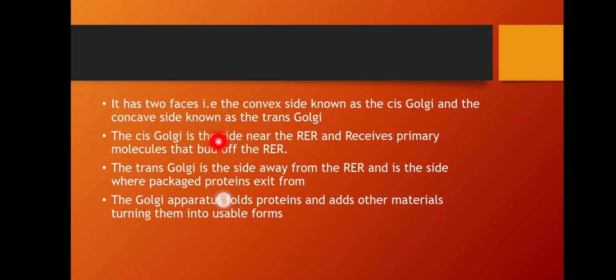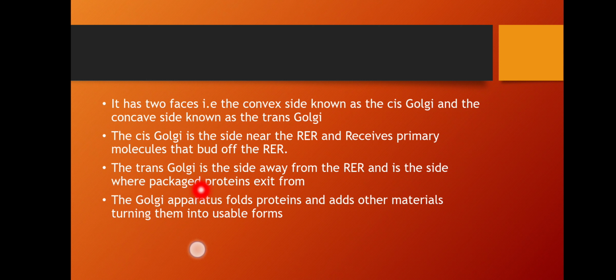The cis Golgi is the side near the rough endoplasmic reticulum and receives primary molecules that bud off it. The trans Golgi is the side away from the rough endoplasmic reticulum, where packaged proteins exit, like I have just explained.